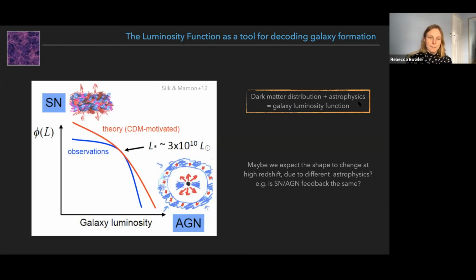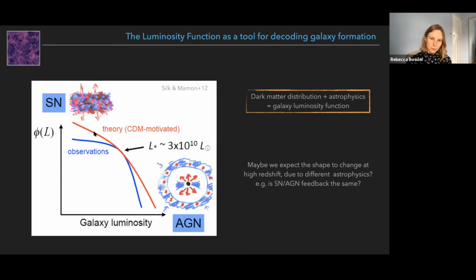So another way to visualize this is shown on the left here, this nice cartoon from a review paper a few years ago, which shows you how the shape of the galaxy luminosity function can be thought of in relation to the dark matter distribution, which we know it is built upon.